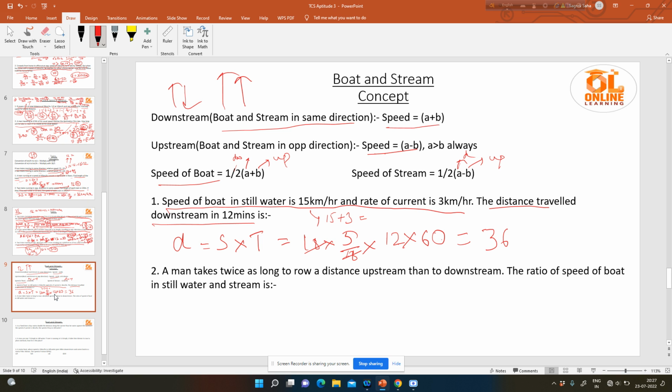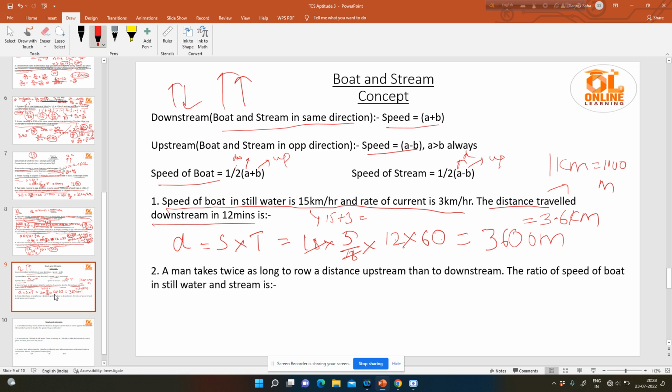Okay, right. So it would be 5 into 12, that is 60, 60 into 60 is 3600 meter. So how much kilometer? It would be 3.6 kilometer, because we know 1 kilometer is equal to 1000 meter. So 3600 meter would be 3.6 kilometer.